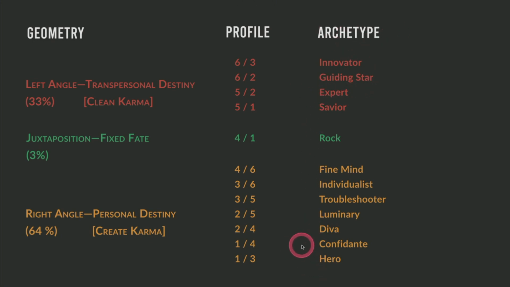So they take that combination, and what does that really exemplify? Well, we get the 1-3 as the hero, the 1-4, the confidant, the 2-4 is a diva, the 2-5, the luminary, the 3-5 is a troubleshooter, the 3-6, the individualist, 4-6, a fine mind, the 4-1 is the rock.